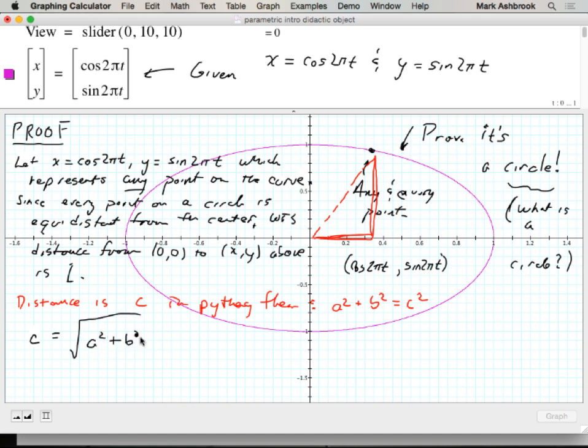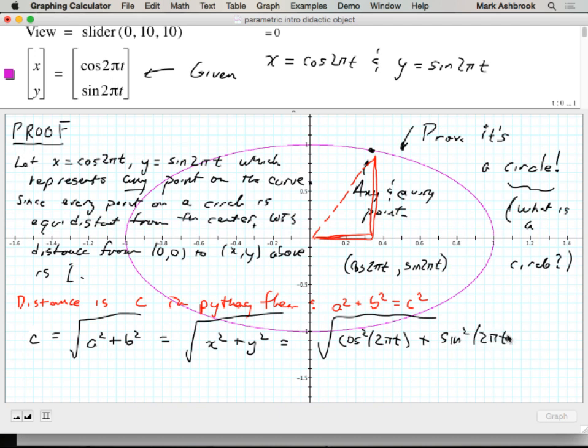C equals? Go, Brandon. Keep going. Okay. Equals? He wants it to be 1. Is it 1? It's 1. Therefore?